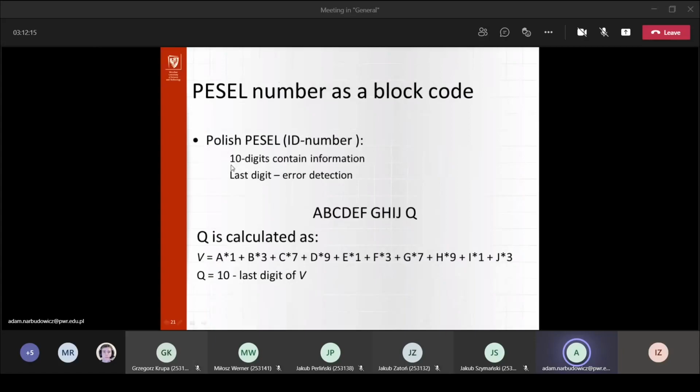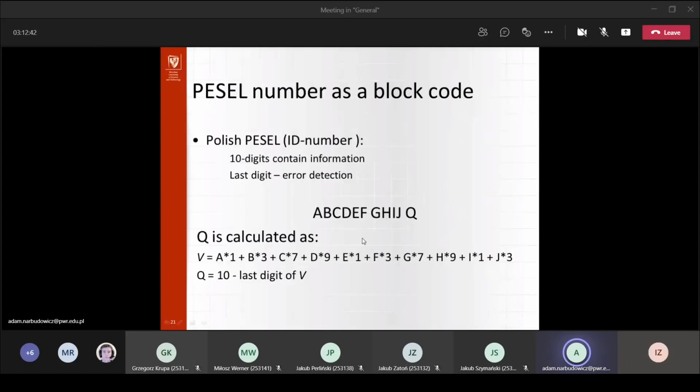And basically, this is 10 digits which contain different information. And the last digit is actually also some sort of error detection, right? So basically, it's not easy to mix up or make a mistake with your PESEL number. And how is it done?